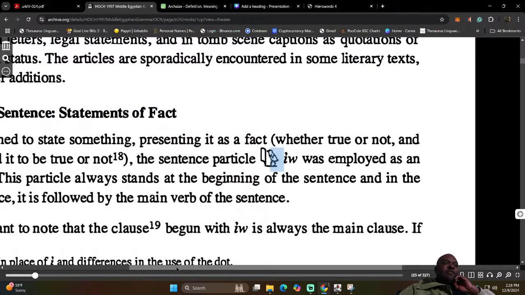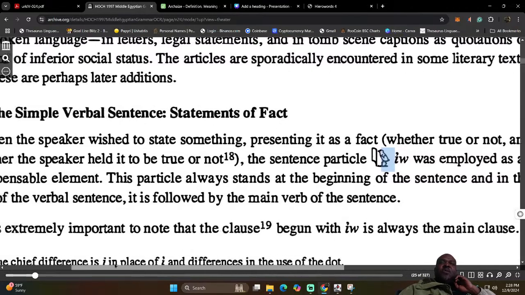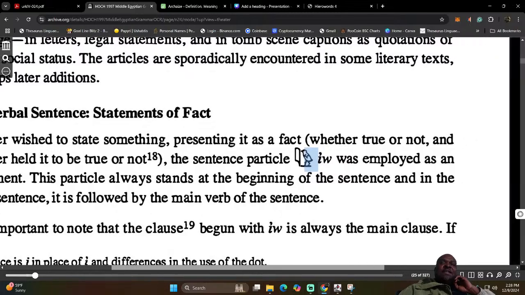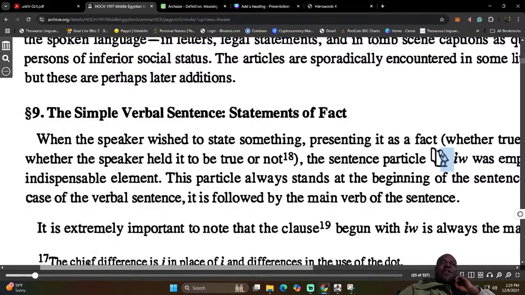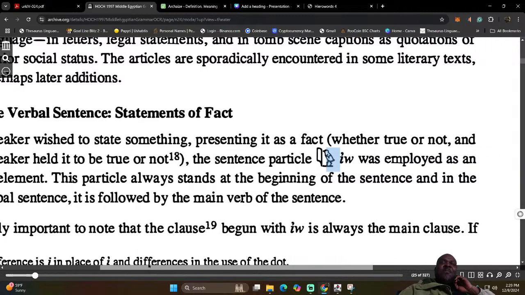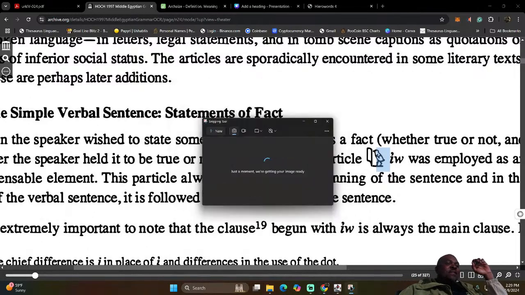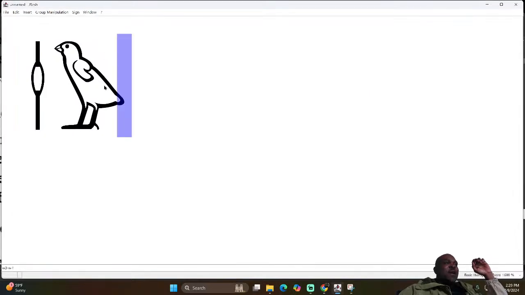So it says right here, you was employed as an indispensable element. This particle always stands at the beginning of a sentence. And in the case of a verbal sentence, it is followed by the main verb of the sentence. Remember that.